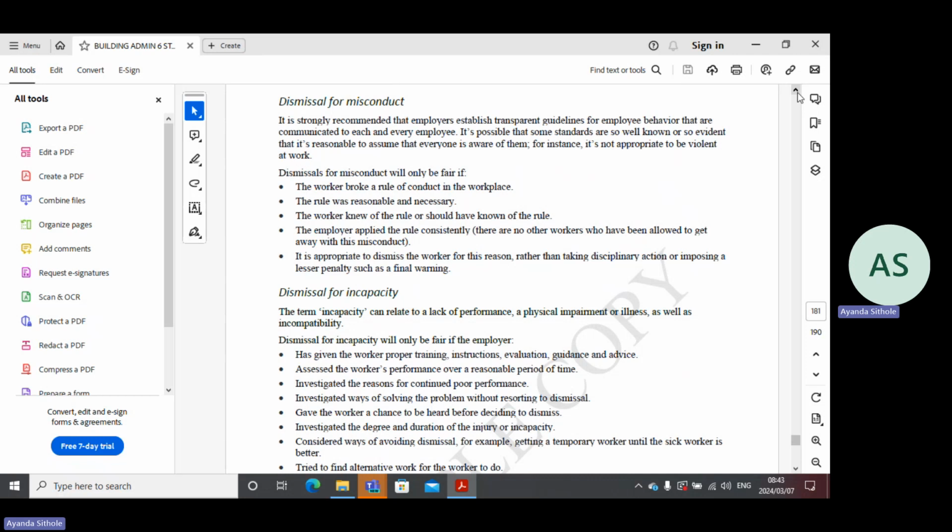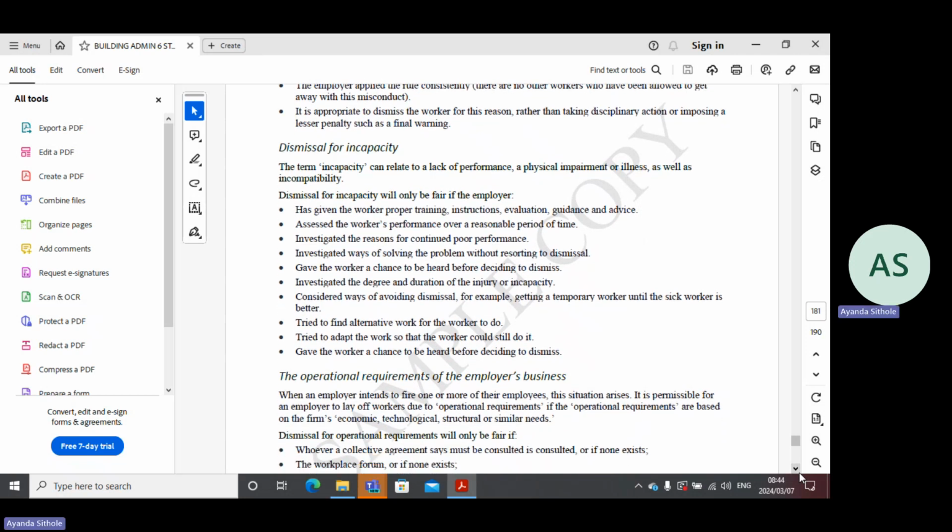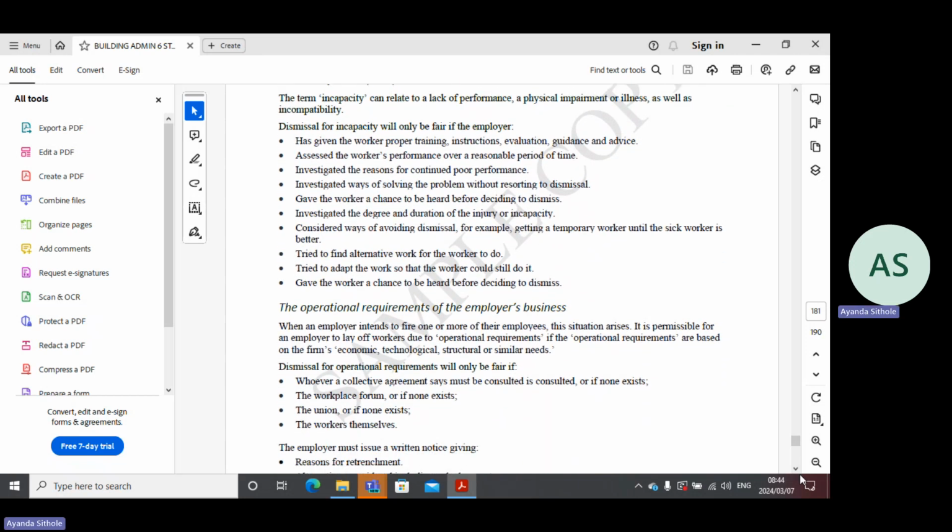Before the employer dismisses you, he or she must have done the following for you, so that if he or she really trained you properly, then you can fight this if it was an unfair dismissal. So guys, go through all those dismissals for incapacity. Then we have operational requirements.